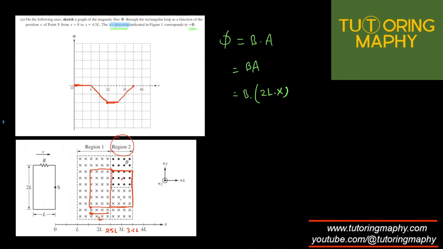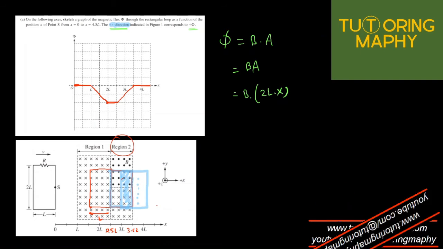And once the loop is entirely in region 3, when it moves forward, again the flux is going to be 0 because some portion of the loop is in region 2, which is already 0, and the other portion is in the region where there is no magnetic field. So till 4L, it is going to be 0. In fact, till 4.5L as well, it is going to be 0. So this is how the flux should look like.